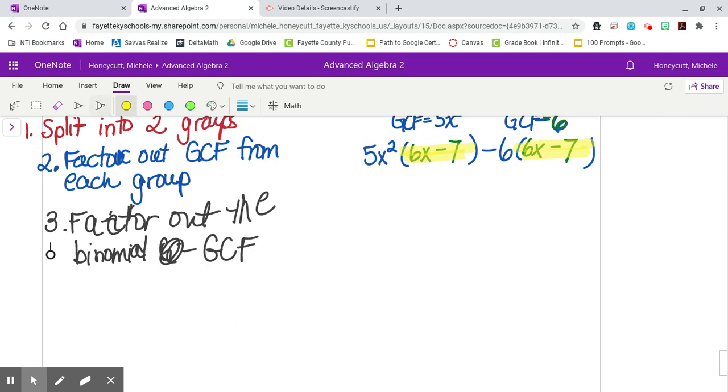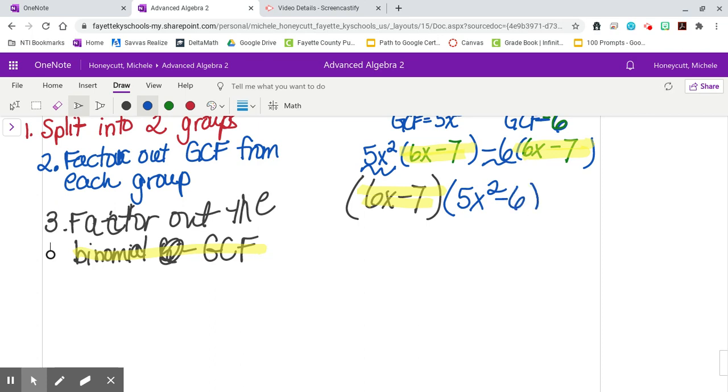So the binomial GCF is what I just highlighted above. So in this case, I'm going to be factoring out the 6x minus 7. So I'm factoring out the 6x minus 7, which is the binomial GCF. And whenever I do that, I'm left with 5x squared. What's on the outside? Minus 6.